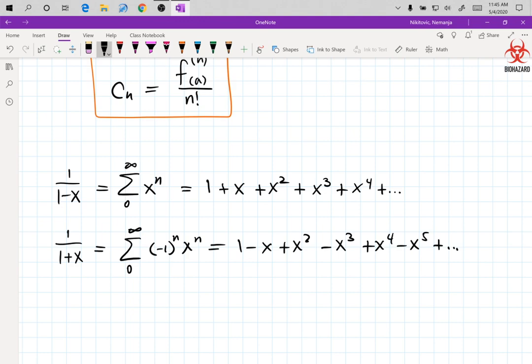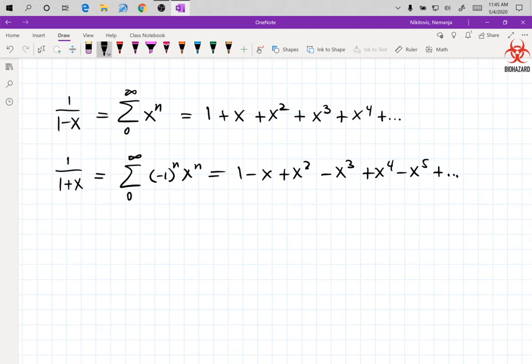Now, the top one is the one that shows up as your solution, I would say, frequently. But the ones that are showing up very, very frequently are obviously e to the x, and that one is given by x to the n over n factorial.